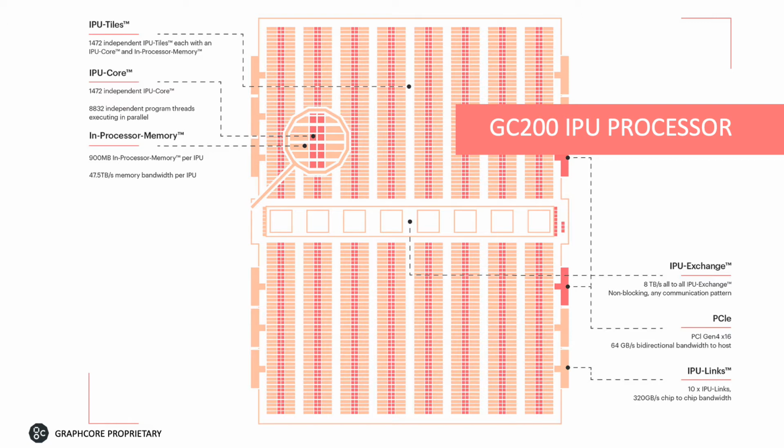We have announced our second generation IPU processor, the GC200. Each GC200 processor has nearly 1,500 processor cores. Inside the processor, we have been able to fit 900 MB of high-speed RAM.